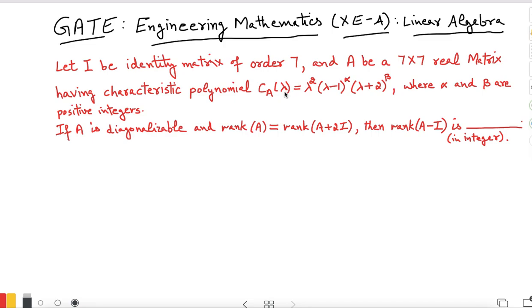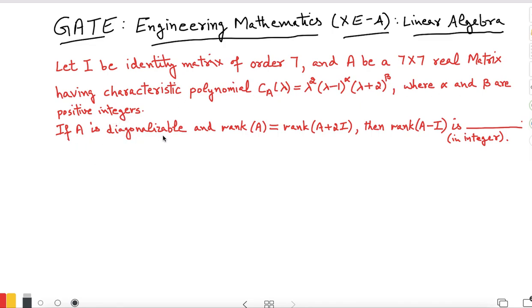So eigenvalues can be calculated from here by putting the polynomial equal to 0. It is given that the characteristic polynomial for the matrix A is lambda square times (lambda minus 1) power alpha times (lambda plus 2) power beta, where alpha and beta are real positive integers.